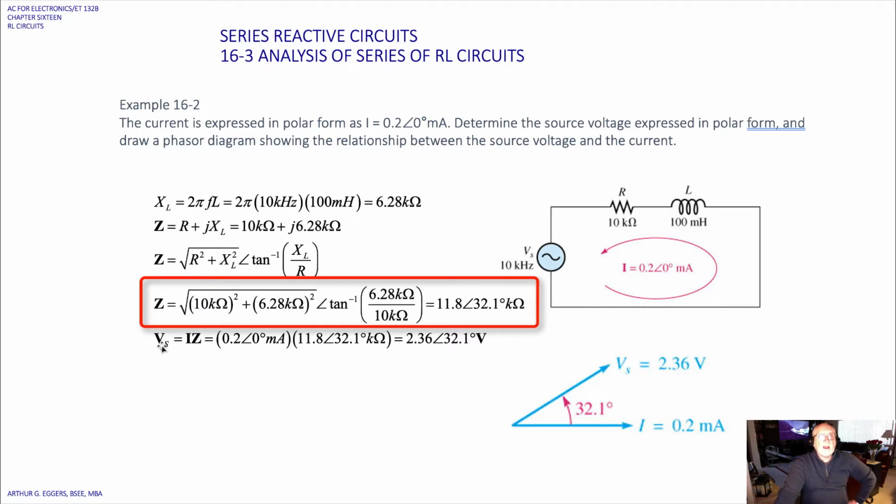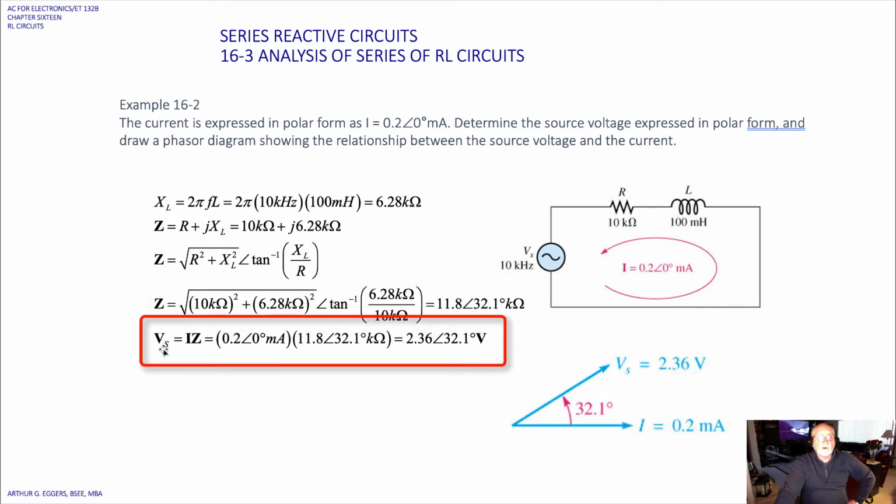So now we can take one of our Ohm's Law relationships. In this case, we're going to solve for the source voltage. The source voltage is equal to current times impedance, and we take the impedance that we just calculated and the current relationship that was given in the diagram, and we get a source voltage of 2.36 at an angle of 32.1 degrees, now in volts.